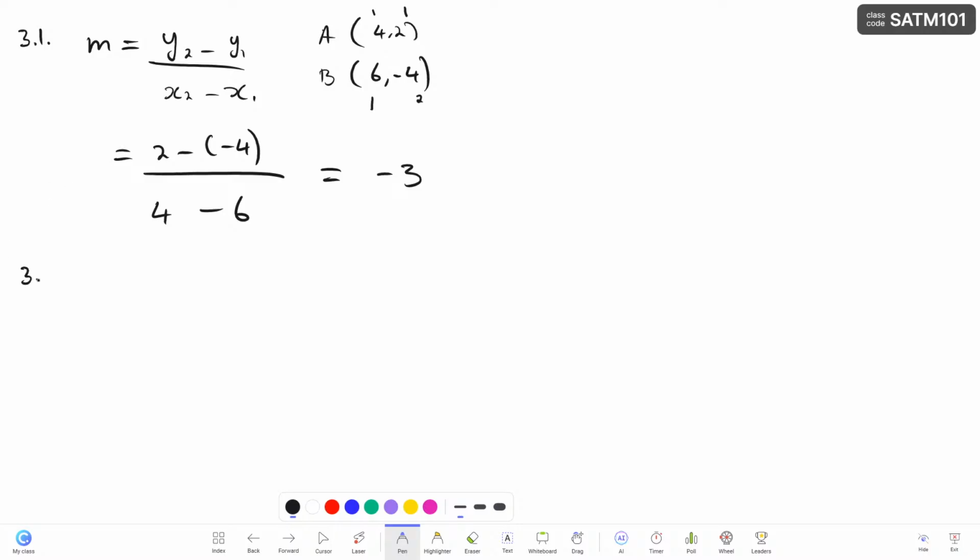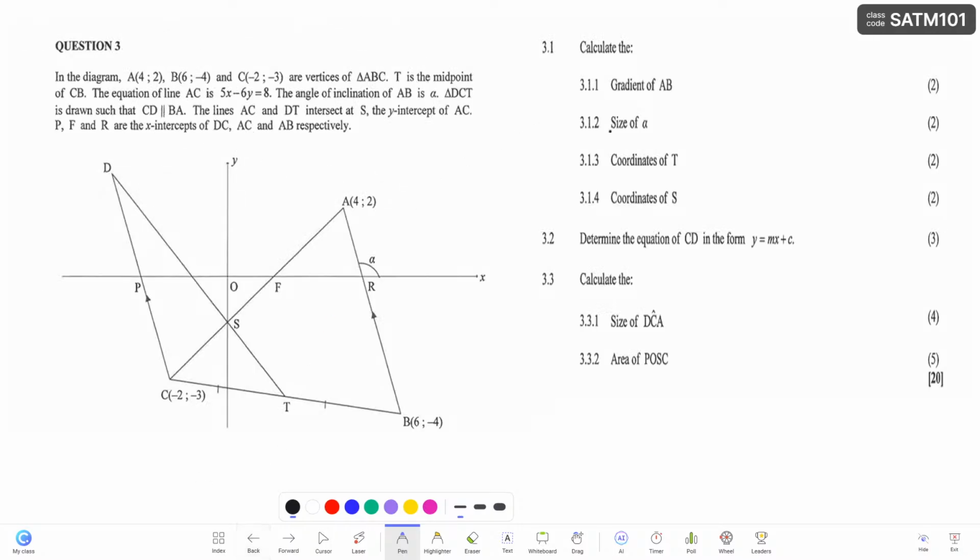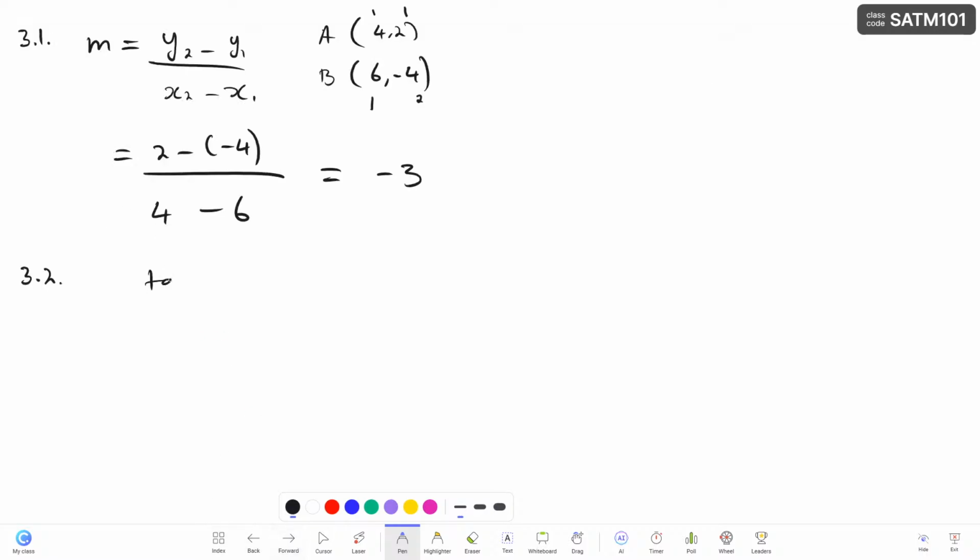So okay, 3.2, they said calculate the size of alpha. In order to calculate the size of this alpha, you need to know the gradient of AC. We already calculated this gradient. So we are simply going to use the formula, which is tan of alpha is equal to the gradient of AC. You just need to substitute the gradient of AC, which is -3.